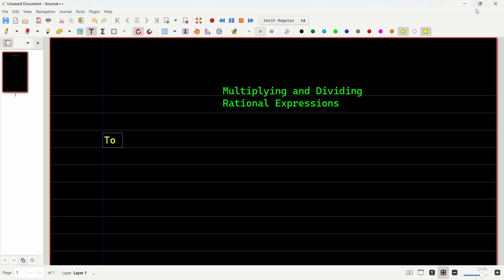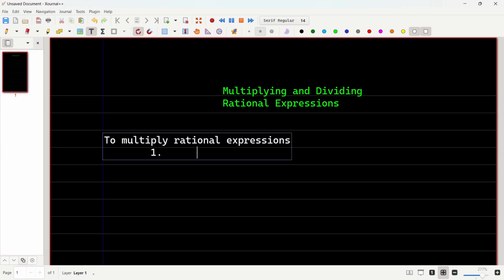Let me just put this as white. To multiply rational expressions, we're going to first factorize all numerators and denominators.